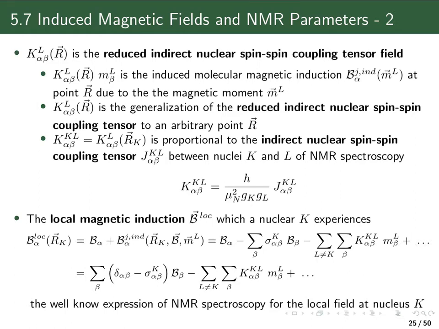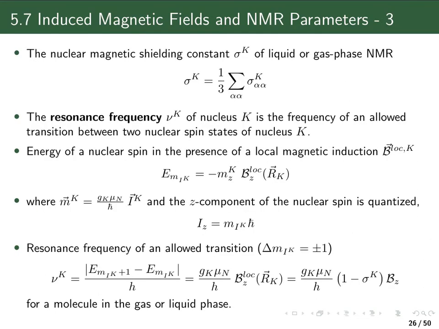And inserting the expression from before, now that we look at a particular point, the position of nucleus K, we have here now a term which has the shielding constant of nucleus K times the external field and the reduced coupling constant of nucleus K with all the other nuclei L. Combining the first two terms in one, we arrive at the well-known expression for the local field at the nucleus K in NMR spectroscopy, which, written in tensor components, is the Kronecker delta minus the shielding tensor component of nucleus K. The shielding constant, which one normally obtains from gas or liquid phase NMR spectra, is then just the trace of the diagonal elements of this shielding tensor.